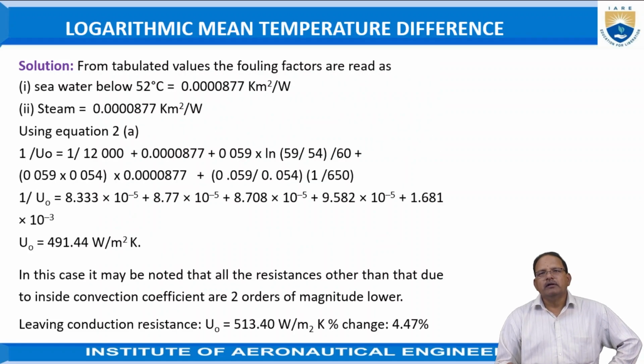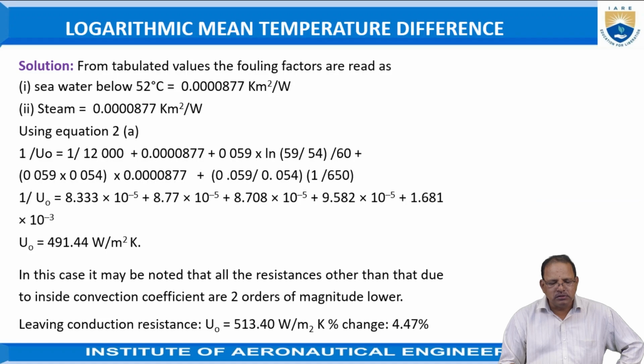From the tabulated values, the fouling factor for seawater below 52 degrees centigrade is equal to 0.0000877 degree Kelvin meter square per watt.